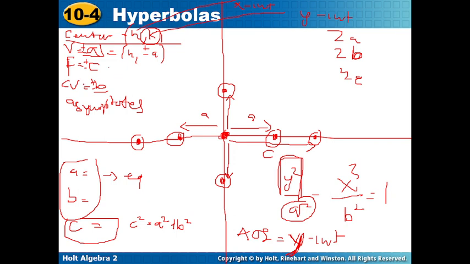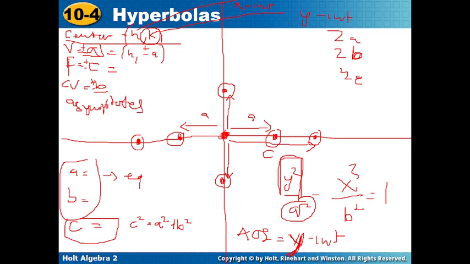Now, how about for the focus? We know that in an ellipse, vertices and focus or foci lie on the same axis. They are just neighbors, no? So we could say that also in a hyperbola, the vertices and the focus or foci are lying on the same axis.